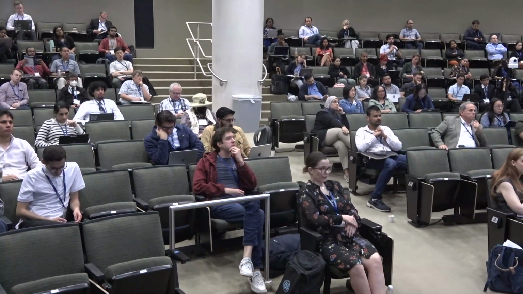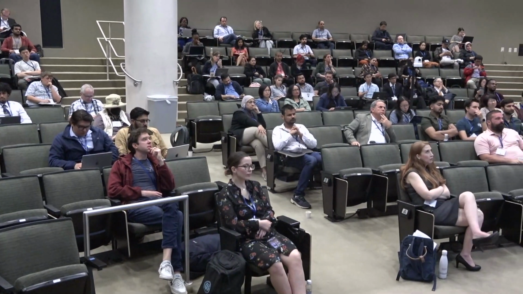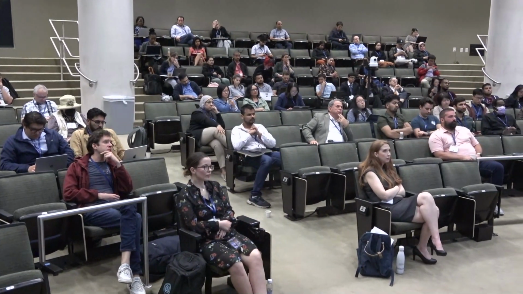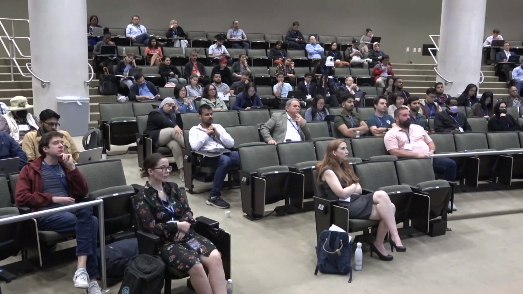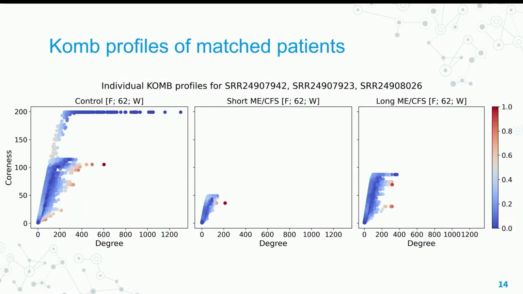So we started by just looking at general distributional properties. There definitely seems that people with chronic fatigue syndrome have fewer unitigs, so that basically means we could assemble fewer of the bacterial genomes, which generally correlates with what was observed in literature previously. People with chronic fatigue syndrome do have mild or, in the case of short-term chronic fatigue syndrome, severe dysbiosis. So this is a high-level proxy, but what really is interesting to me is digging into the richness part of this.